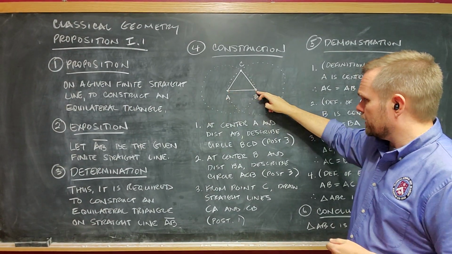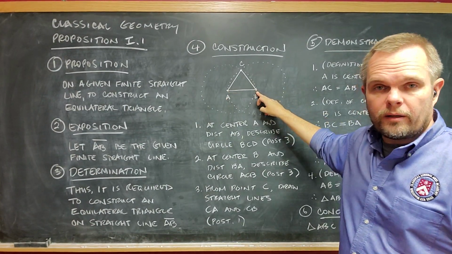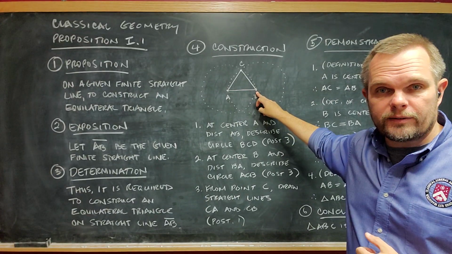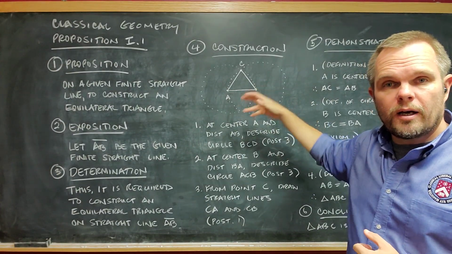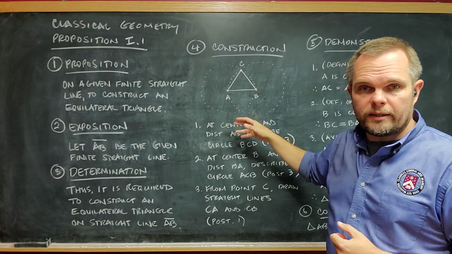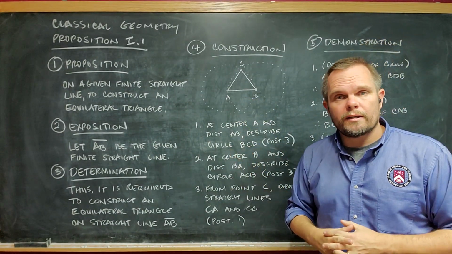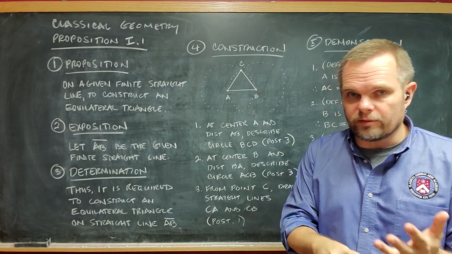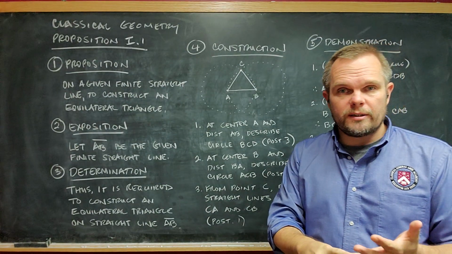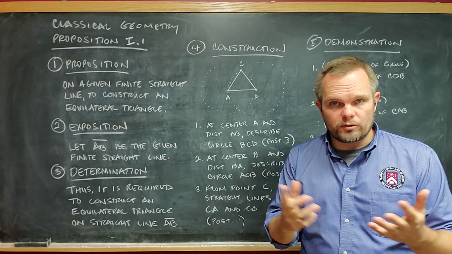If AB is one of the three sides of the triangle, the other two sides will be equal to AB. So we have to figure out how we can do that using only our definitions, postulates, and axioms.